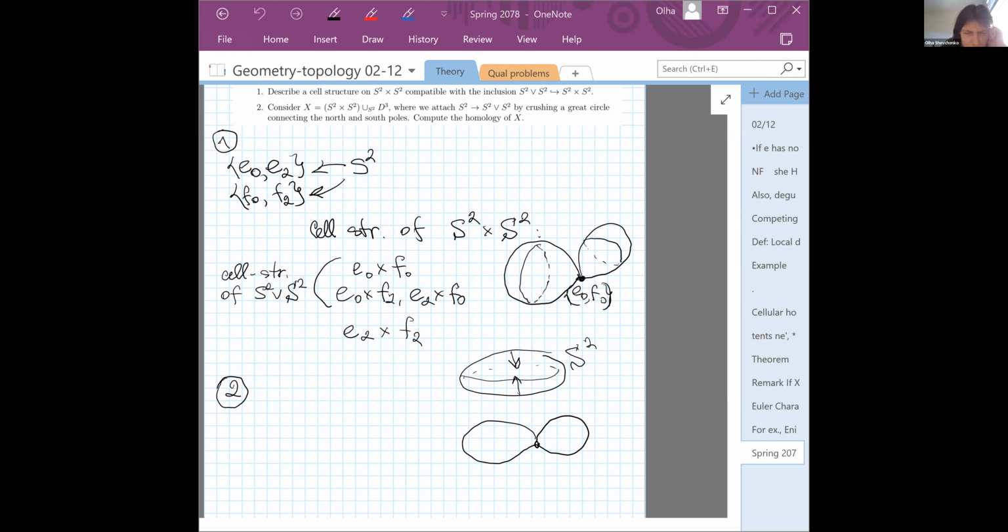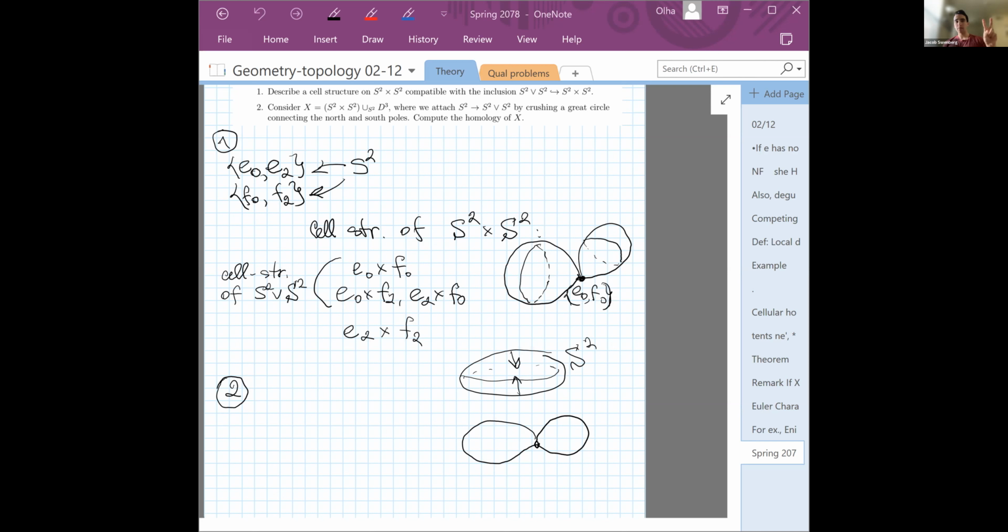So you can either view this as attaching straight to your cell structure, because they give you a really nice thing. We had some cell structure and we can add a 3 cell, which is just a D3. Or we could try Josh's idea, which is maybe some Mayer-Vietoris or some long exact sequence. Either way, it's a long exact sequence, where we have the attaching maps. What I was wondering is, without the 3 cell, we got something like 4, 2, 0, which is like what Olga did with the CP example.